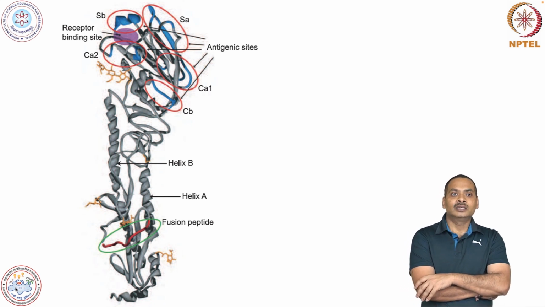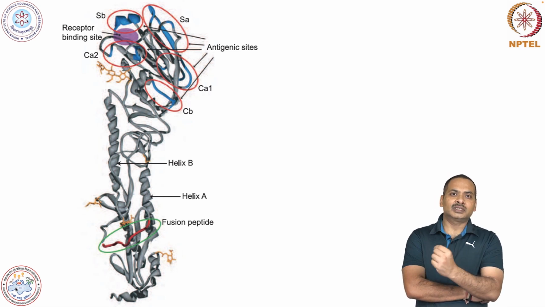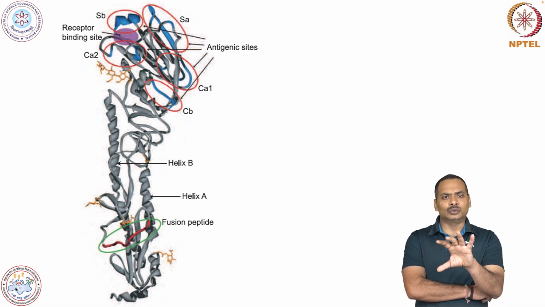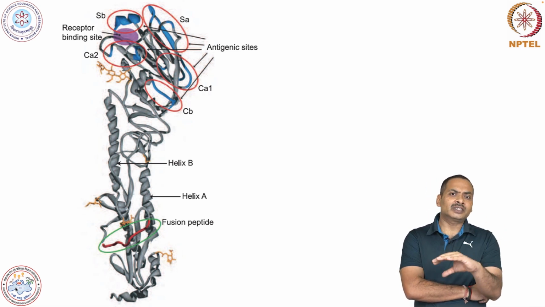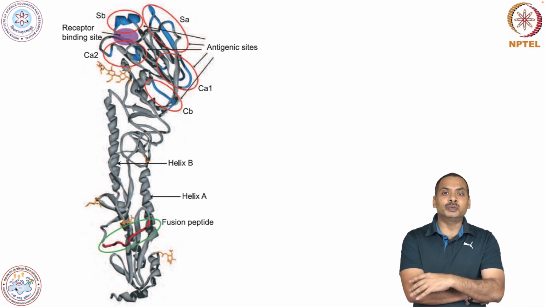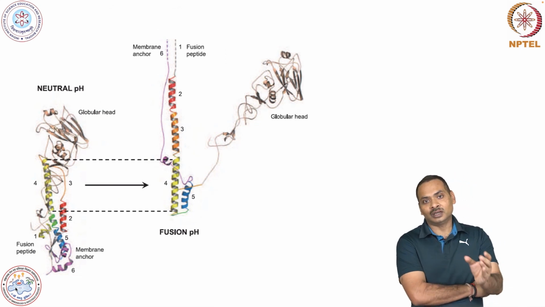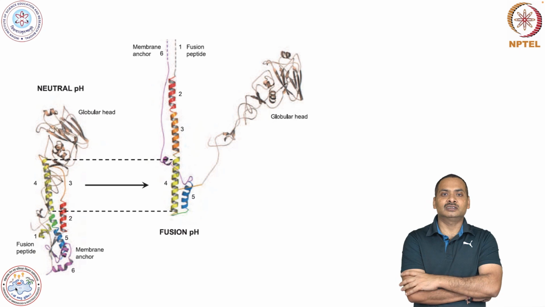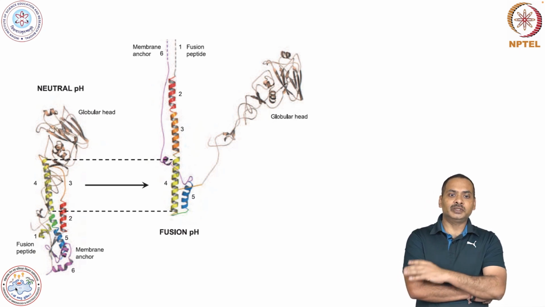There is also a receptor binding site. When there is a low pH, this molecule opens up. Here you can see how the molecule changes when there is a change in pH.